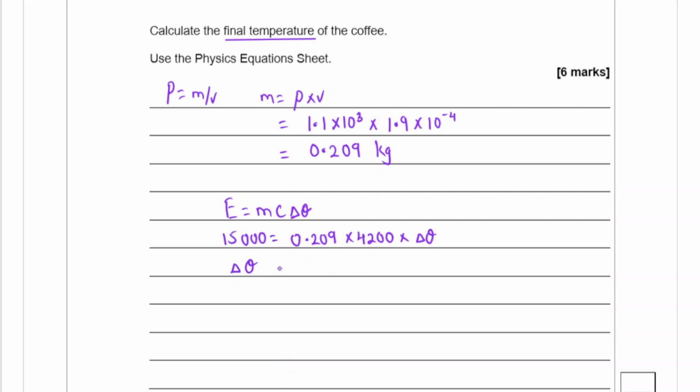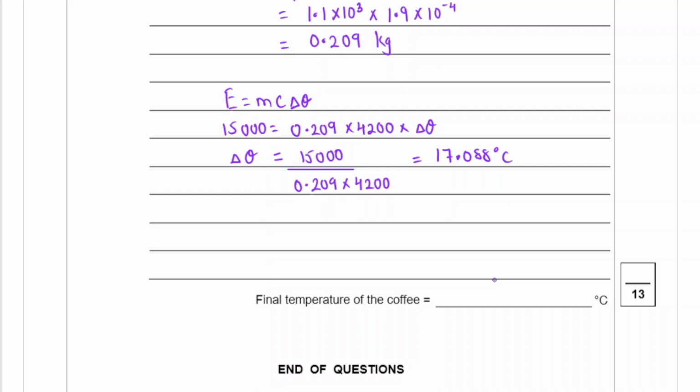Rearranging the equation, temperature change equals 15,000 divided by 0.209 times 4,200. That gives you 17.088 degrees Celsius. Now remember, 17.088 is the temperature change.